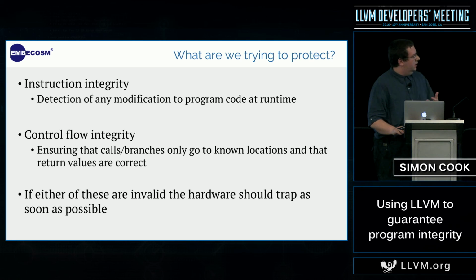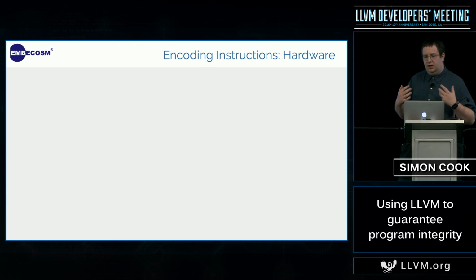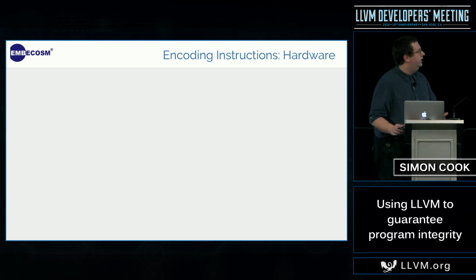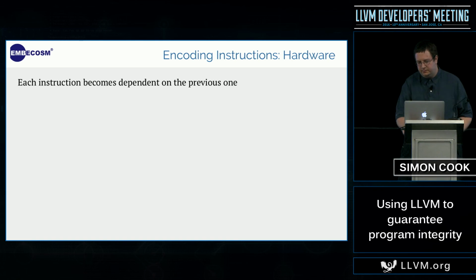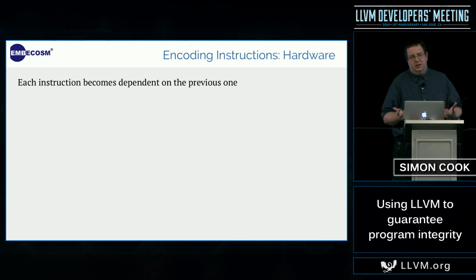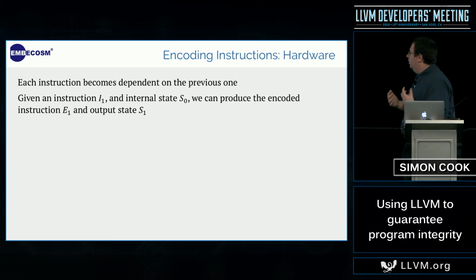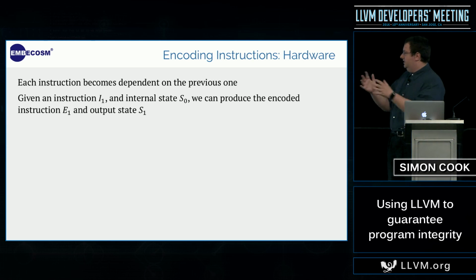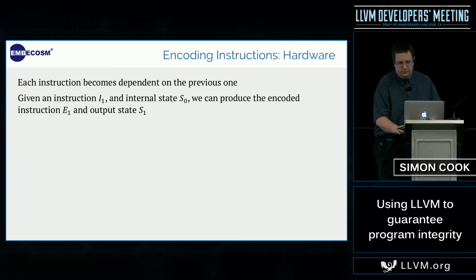So the specific example is through some clever encoding of instructions, where essentially each instruction becomes dependent on the instruction that has come before it. So say we have an instruction I and some internal state of our hardware. We can produce an encoded instruction E and some new output state.